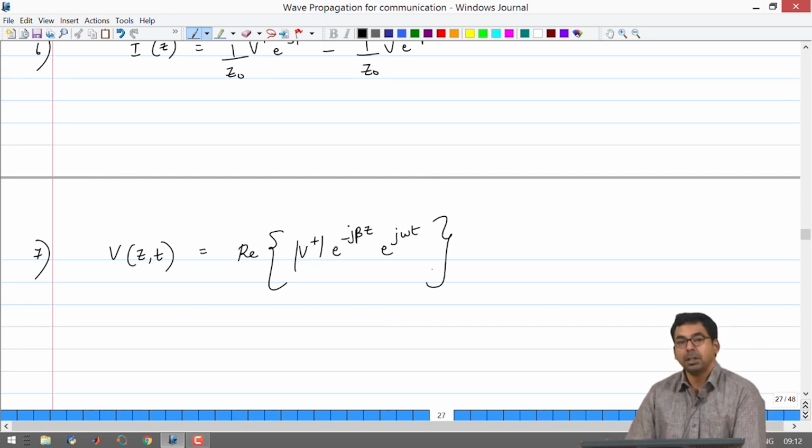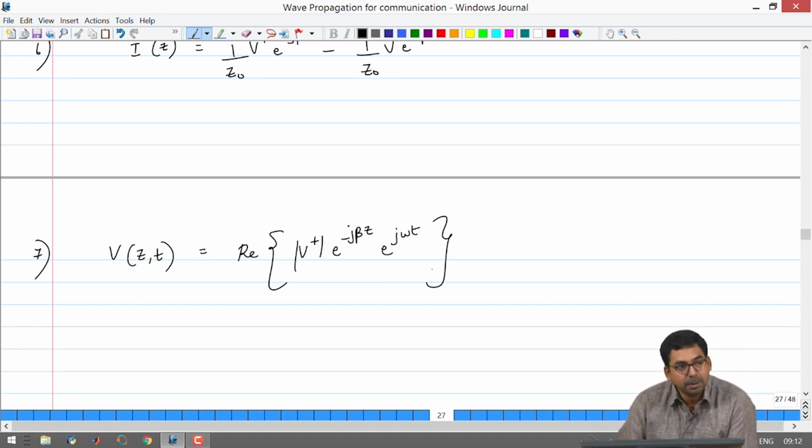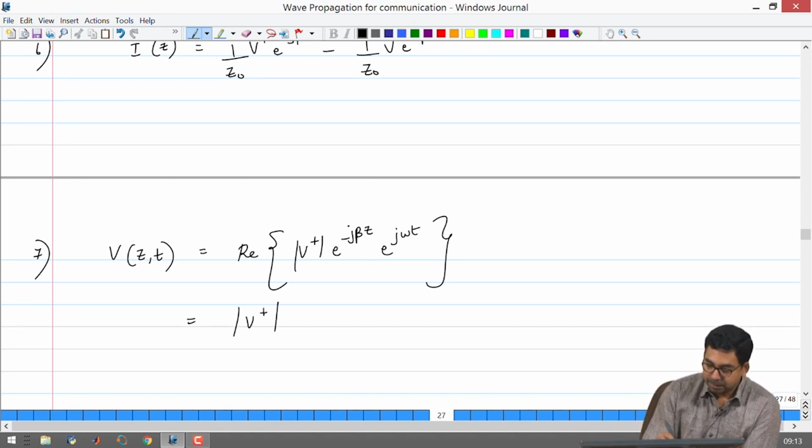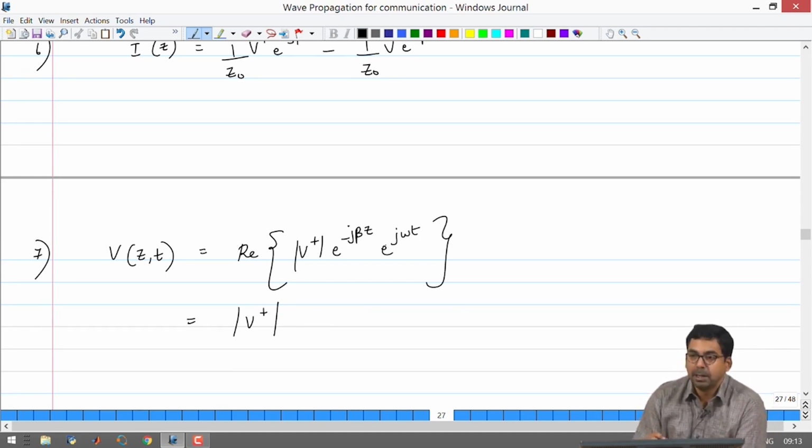If you take the solution to the voltage, it has a magnitude |V⁺|, and the phase dependence is e^(−jβz) for the spatial coordinate, and with respect to the time coordinate it is e^(jωt). So, this can be simply written as, you can take the |V⁺| outside, and the e^(−jβz) can be multiplied with e^(jωt).